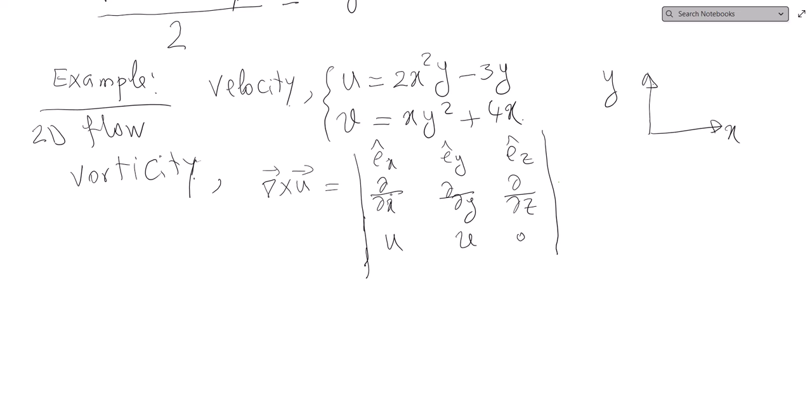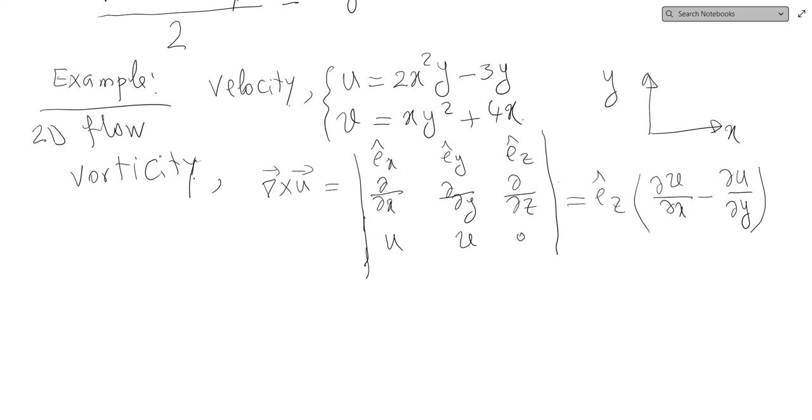This will give me 0 for ex and ey components of the vorticity, and therefore I will get only an ez component, and that would be dv dx minus du dy.